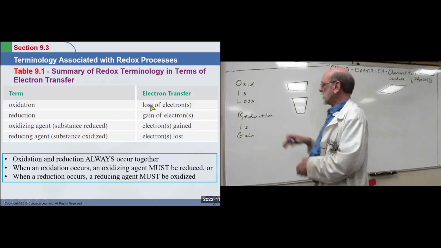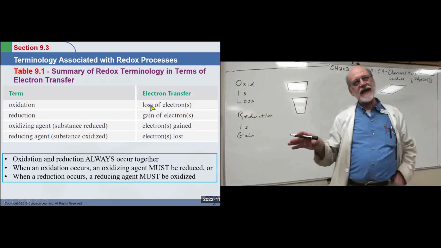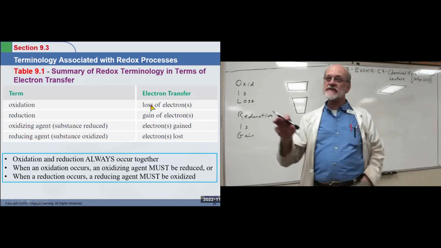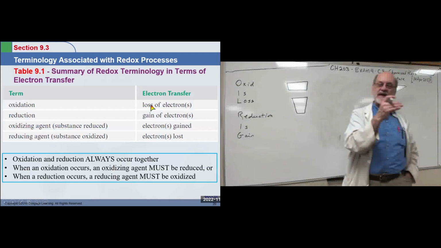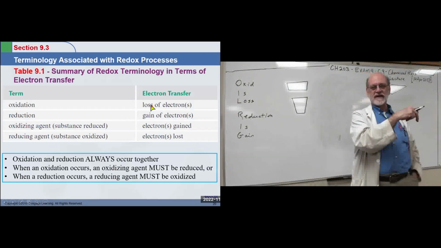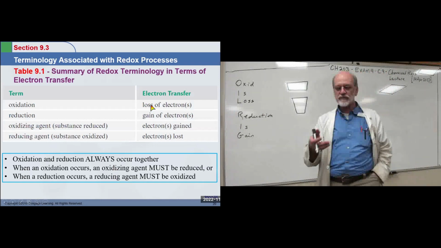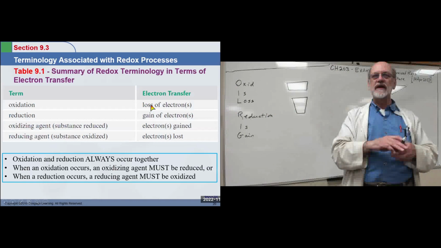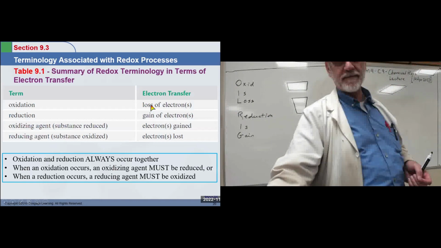Also, the species that is oxidized is the reducing agent. In other words, since it's oxidized, it loses electrons to something. And that means it is the agent by which the other one is reduced. So anything that's oxidized serves as the reducing agent. It produces the electrons that go to the other species and reduce it.